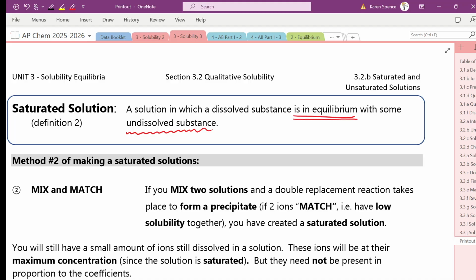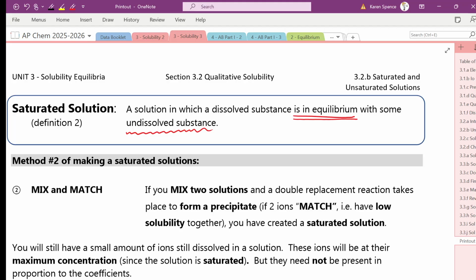So this leads us to method 2 of making a saturated solution. And this method 2 is mix and match. So you're taking some ions from over here, and you're taking some ions from over here, and you are mixing them, and they match together and form a precipitate, because the solution is saturated with whatever is precipitating.